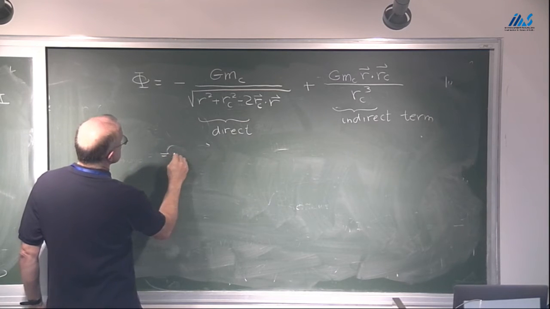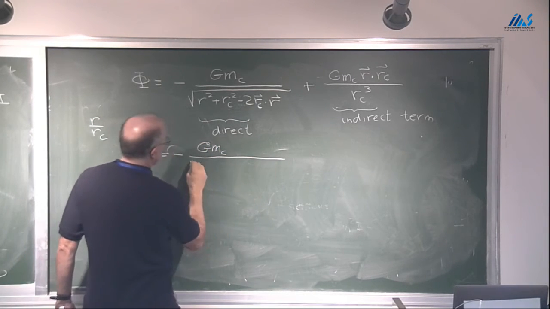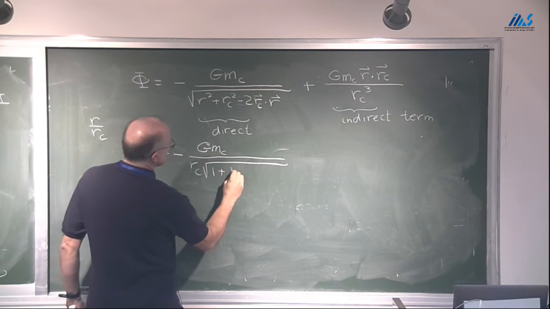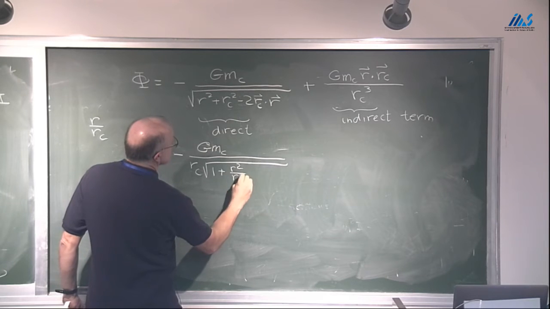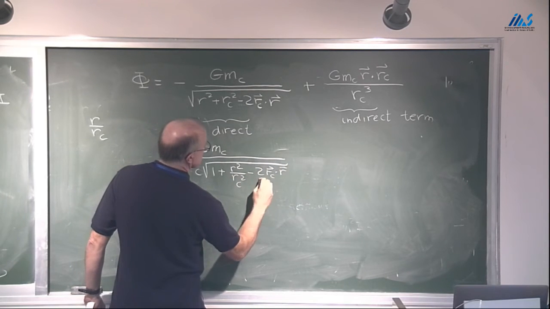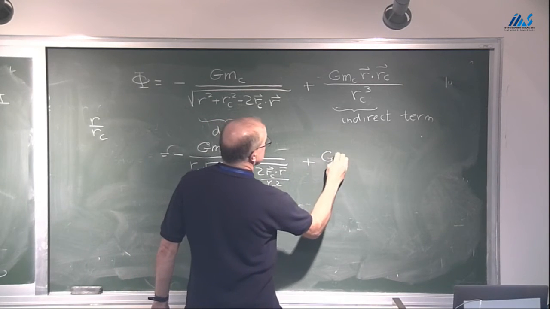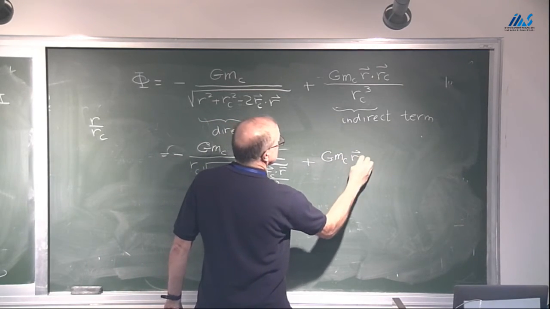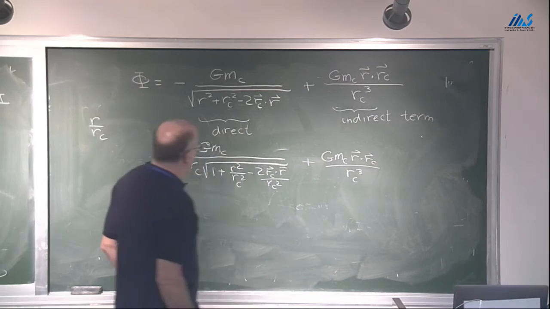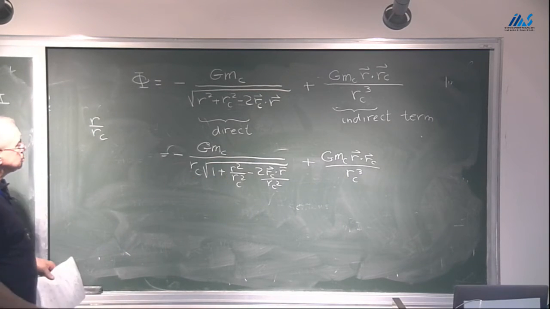I'll write this as minus G M_C over R_C times the square root of 1 plus r squared over the radius of the companion squared minus 2 R_C dot r over R_C squared, plus the indirect term. I then simply expand this in a Taylor series.